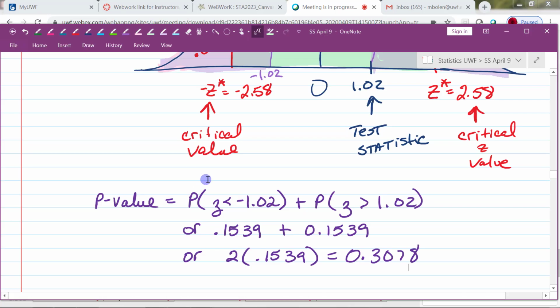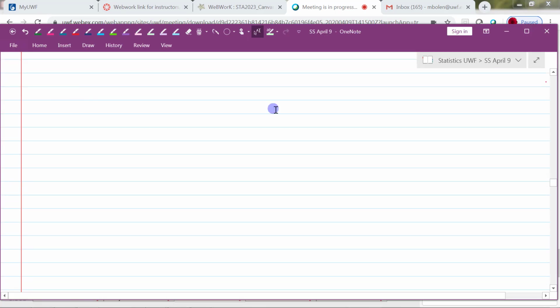It says, a company claims that its 8-ounce low fat yogurt cups contain on average at most 150 calories per cup. A consumer, those consumer agencies get us every time.